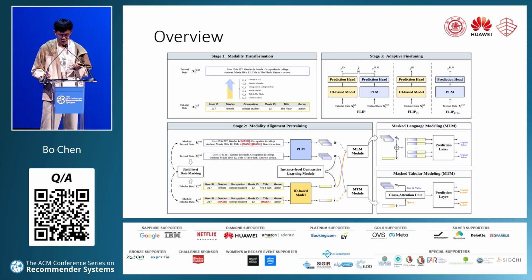Then, in the modality alignment pre-training stage, we use masked modeling to run the fine-grained modality alignment. And lastly, we use a fine-tuning strategy to enhance the performance on the CTR prediction. We do not show the detailed structure of the pre-trained language model and the ID-based models because FLIP is model agnostic and can be compatible with different backbone models.